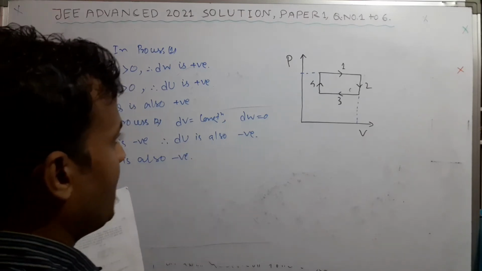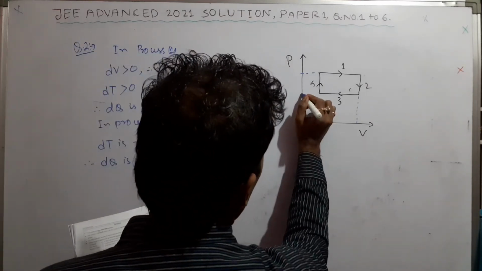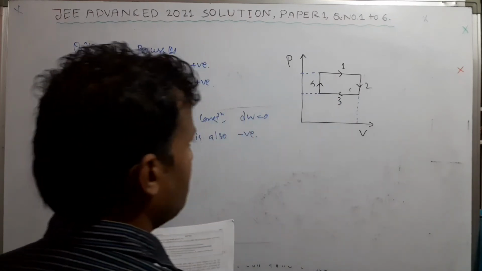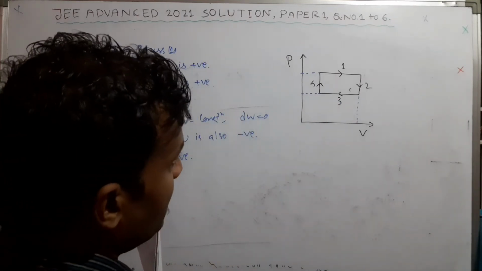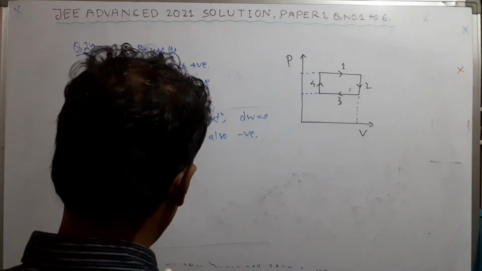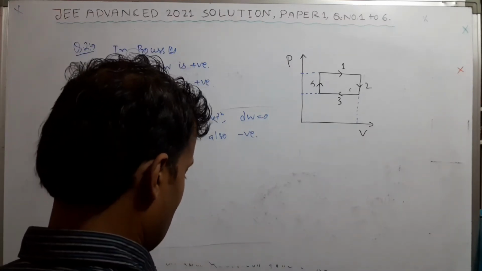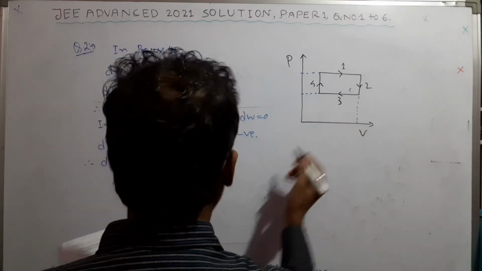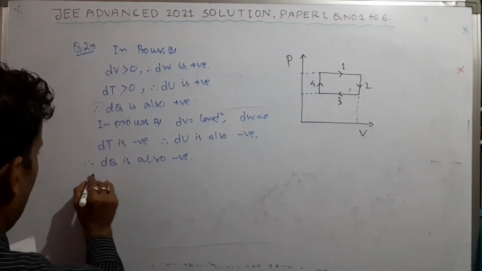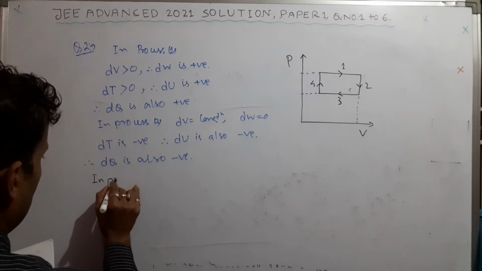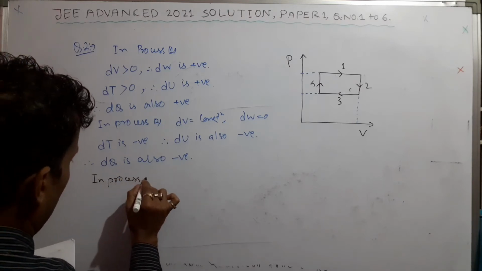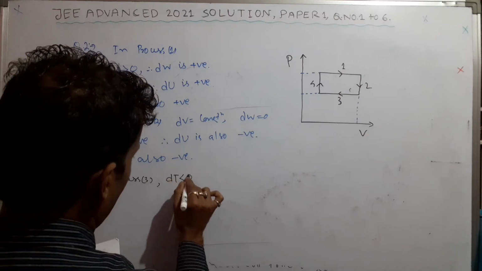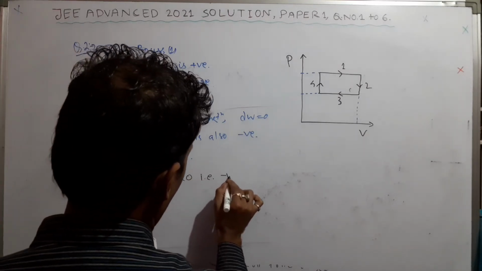In the process 3, it is again isobaric compression where the volume is decreasing at a constant pressure. So here again we can say that the temperature is falling. Okay, so in process 3 also dT is less than 0, that is negative.